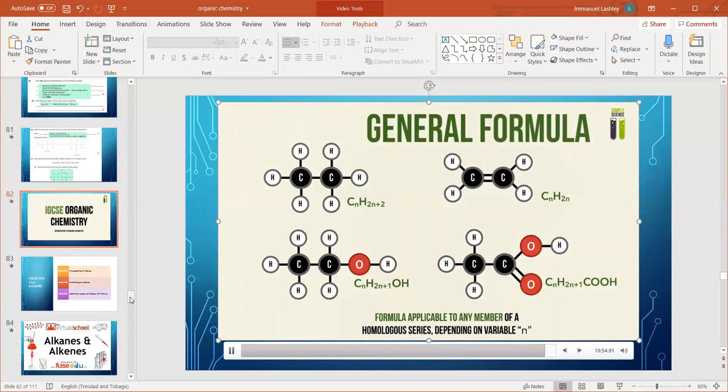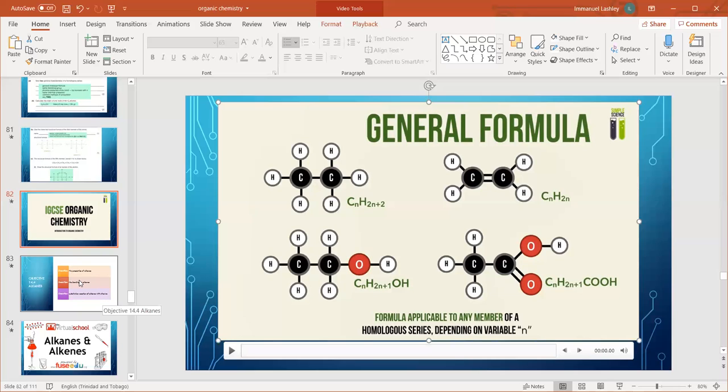In this case, we have ethane, so if you plug in n as 2, you end up with the molecule correctly as C2H6. So based on the number n, which most of the time will be the number of carbon atoms, you will have the molecular formula for all members of the homologous series.